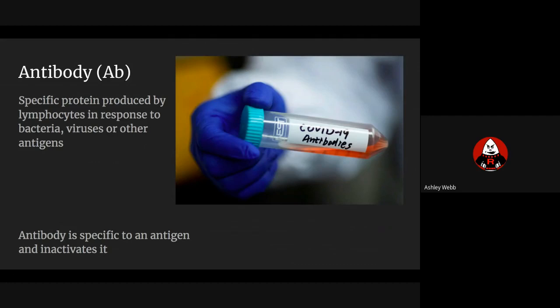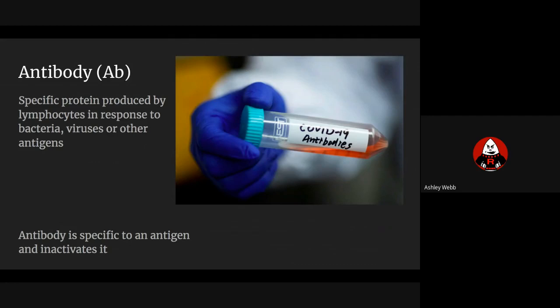And remember, lymphocytes are those fighter cells, our white blood cells that fight off infection. So it's produced by those in response to a bacteria, a virus, or an antigen. An antibody is specific to an antigen, okay? And then it shuts that antigen off.